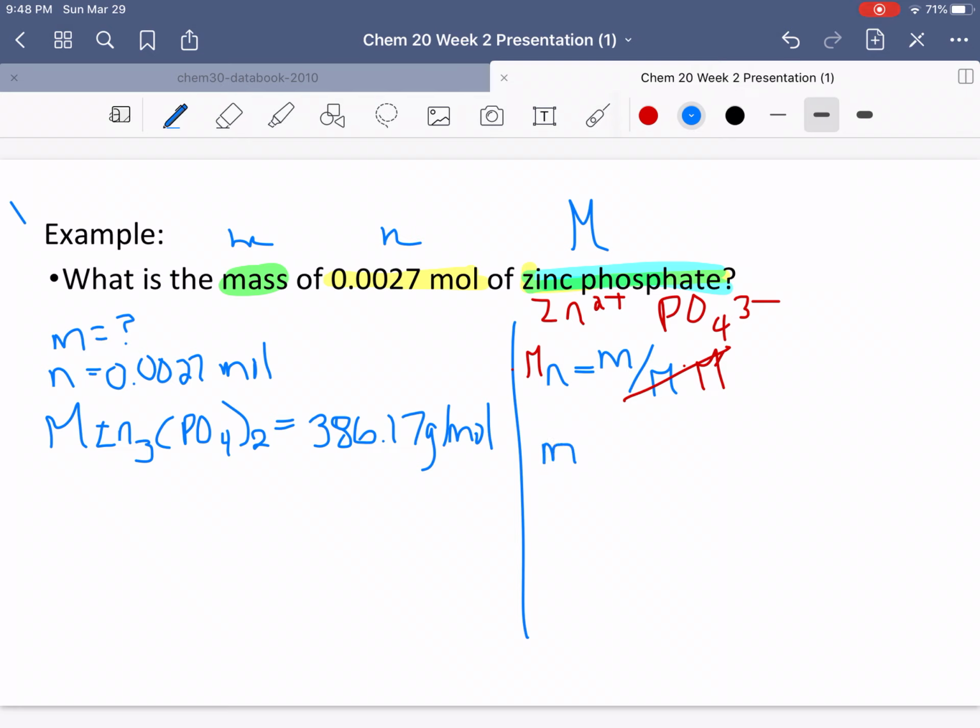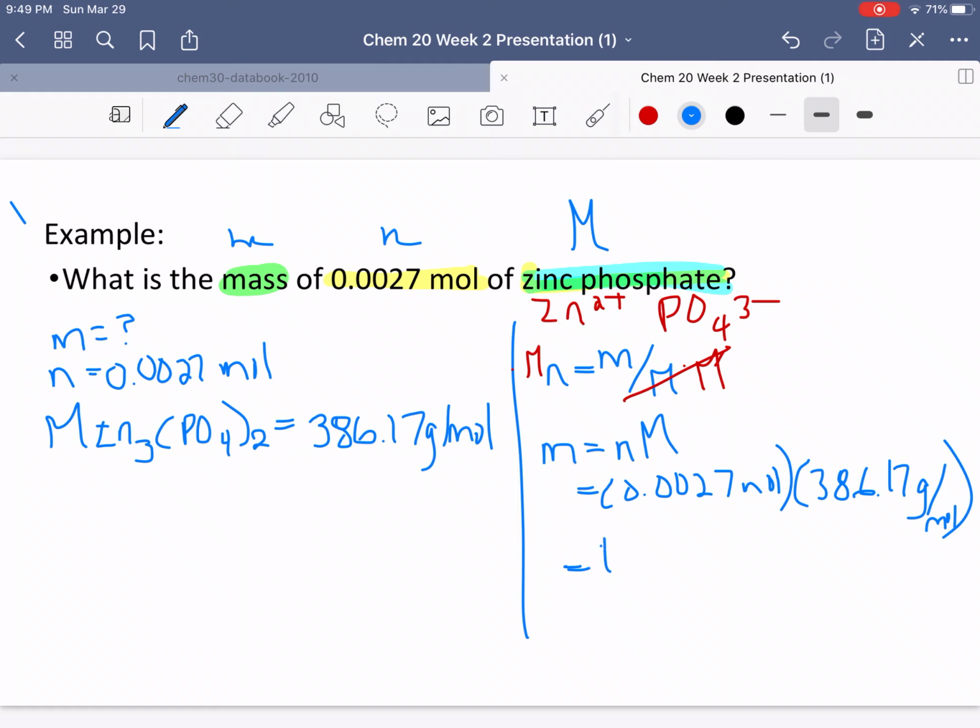We're left with mass is equal to n times capital M. Plug in what you know with units. 0.0027 moles times the molar mass, 386.17 grams per mole. Type it on in. Don't round to the end. 1.0426... grams. Go back to the original question, guys.